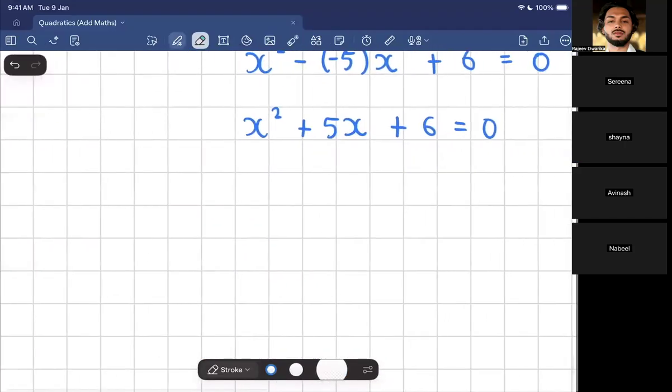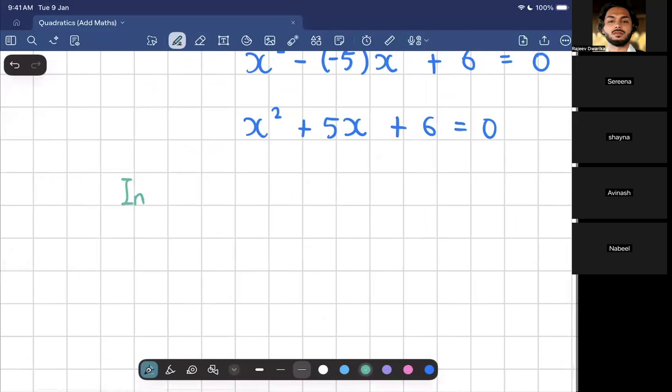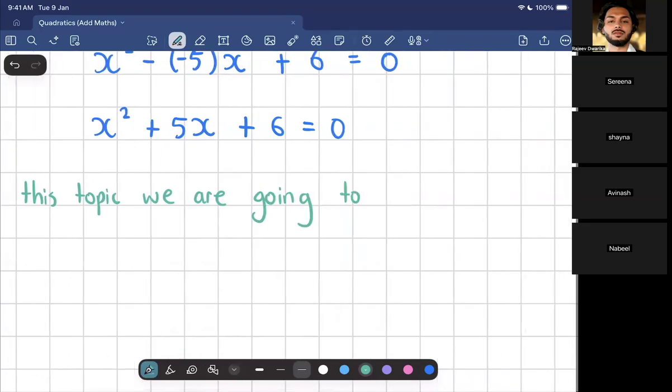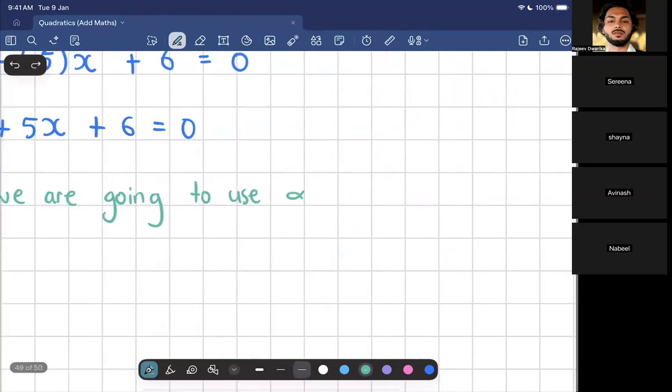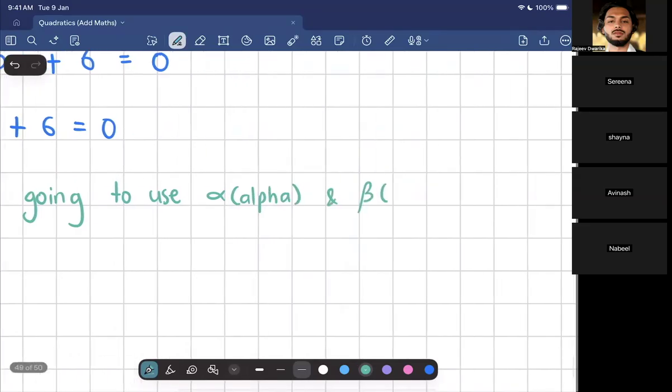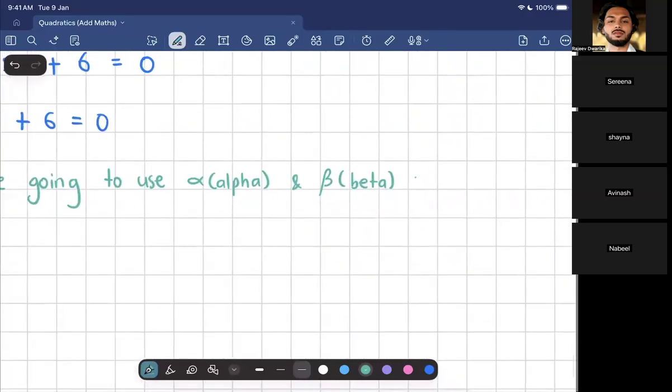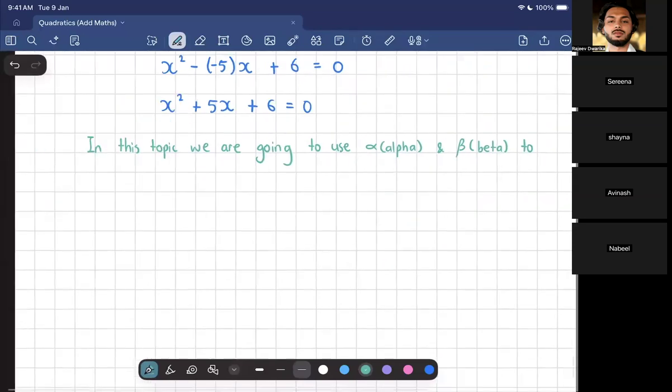In this topic, though, we are going to use alpha and beta to represent the roots.